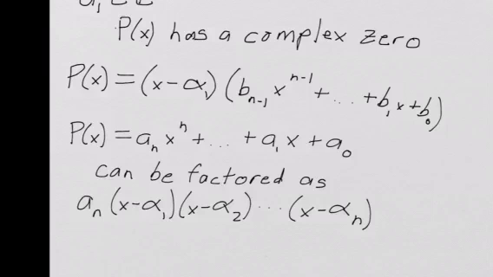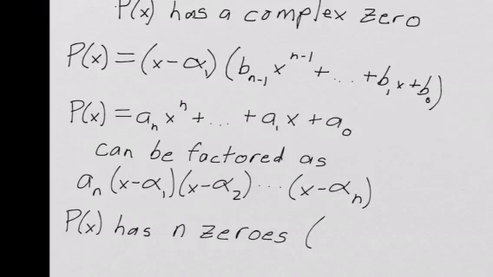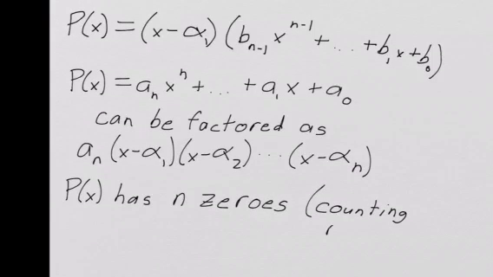Well then, if we extend this to zeros, we can say that p of x has n zeros, (counting the multiplicity).